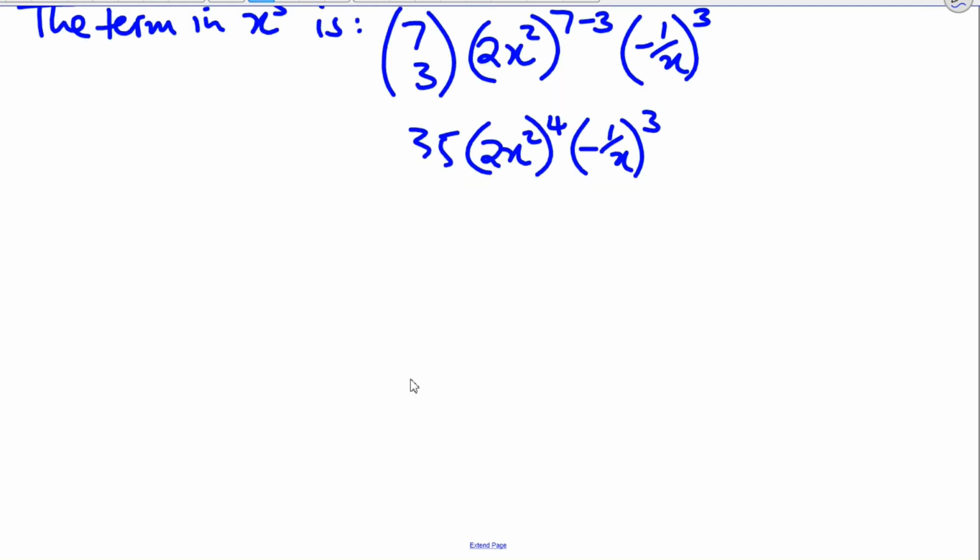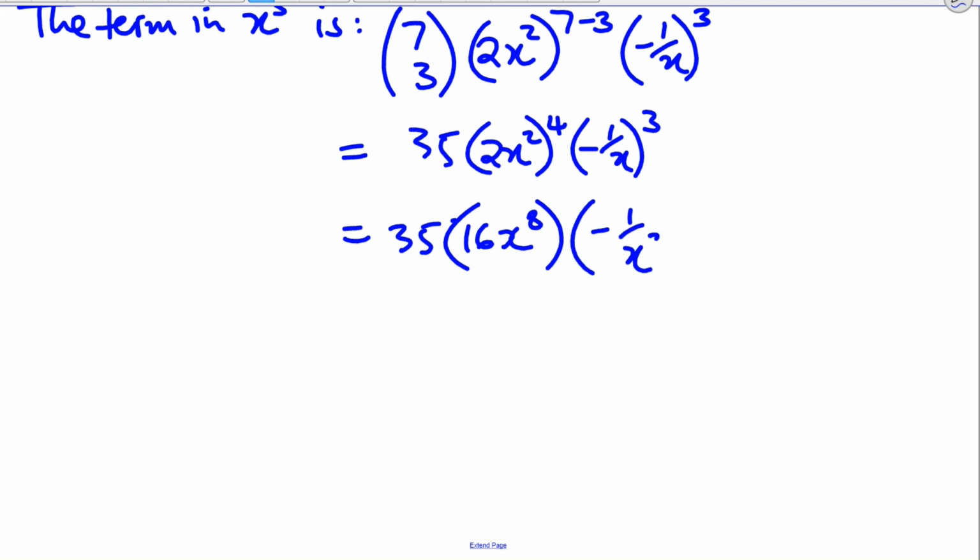This can be simplified as 35 multiplied by 16x to power 8 multiplied by negative 1 over x cubed, because negative 1 to power 3 is just negative 1. So if you simplify this, you'll end up with negative 560 x to power 5 using laws of indices. So the coefficient is negative 560.